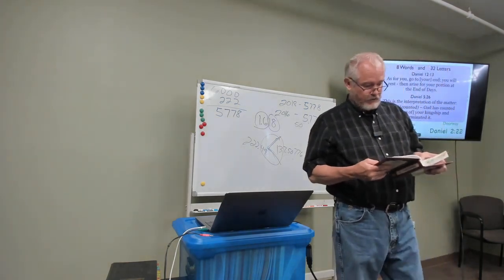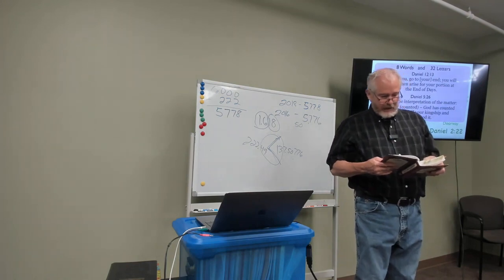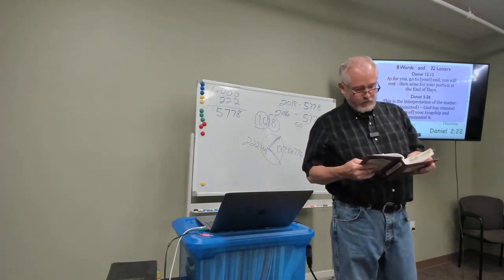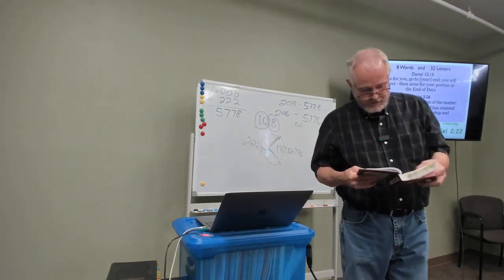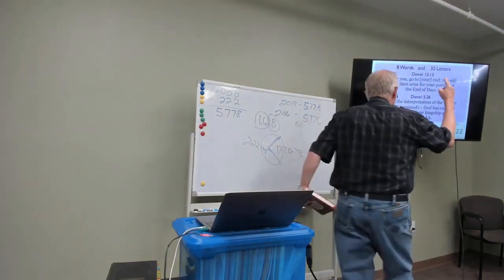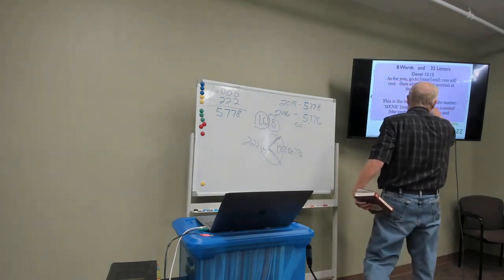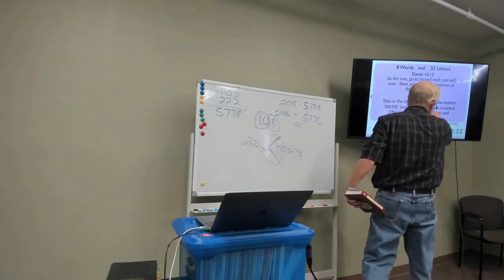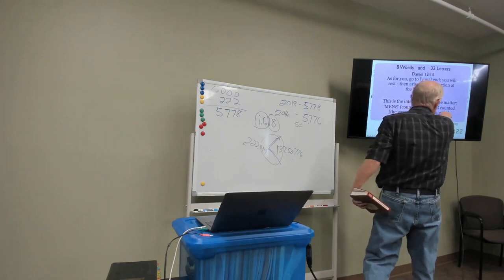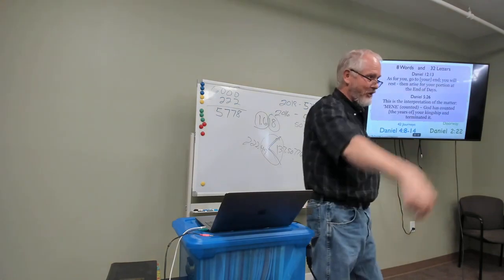The seventh angel sounded his shofar. There it is, there's the last one. And he says, the kingdom of this world has now become the kingdom of our Lord and his Messiah, and he will rule forever. And right there is what happens here. This is the interpretation of the matter. You have been counted, weighed, right? God has counted the years of your kingship, because Satan is king of the earth right now.